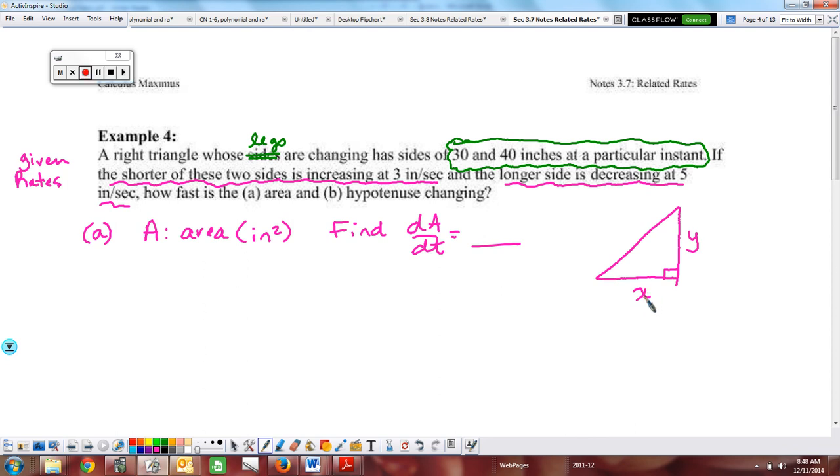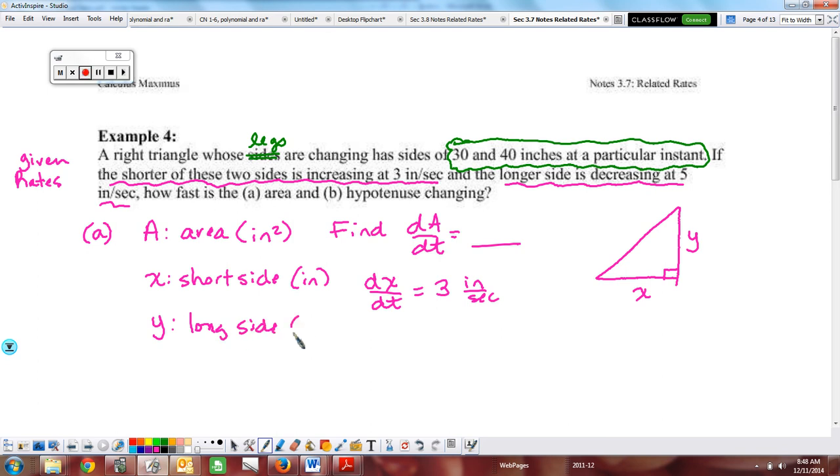You have a triangle that is right, which is important, and one side, let's call it x, is the short side, measured in inches, and they've given me that it is increasing at 3 inches per second, so dx/dt is 3 inches per second. I identify the next quantity, y, which is the long side, measured in inches, and they gave me dy/dt is decreasing, negative 5 inches per second.